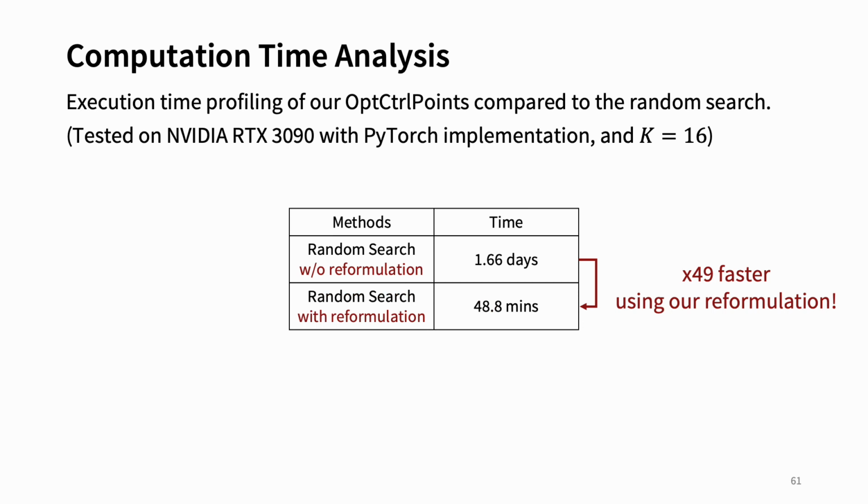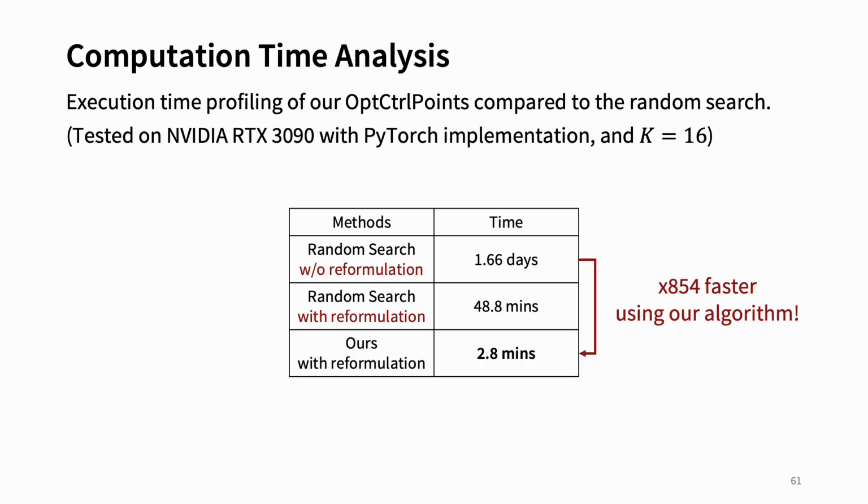With the reformulation, the computation time of random search is reduced to almost 1 hour, making it 49 times faster. Our search algorithm results in a significant reduction in computation time, decreasing it from about a day to approximately 3 minutes, while also obtaining a better set of control points as demonstrated before.